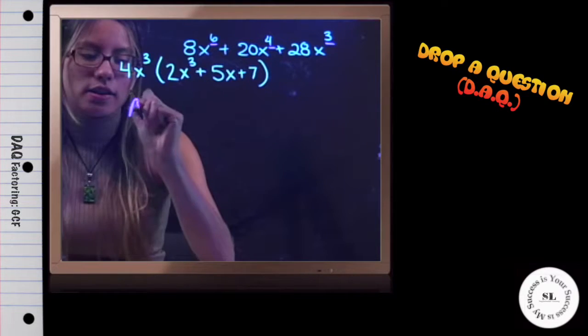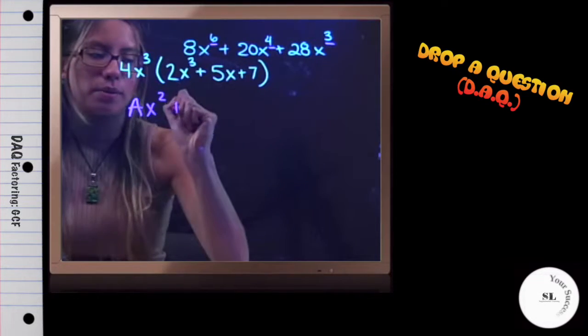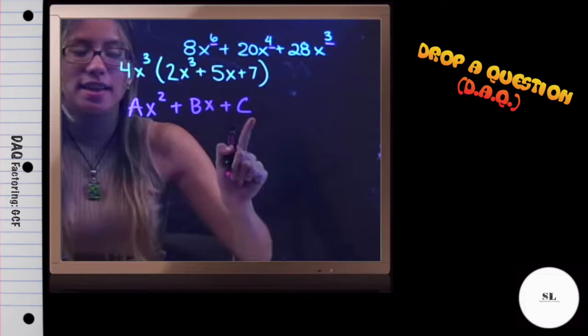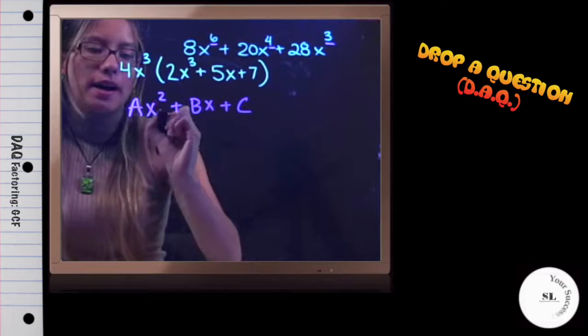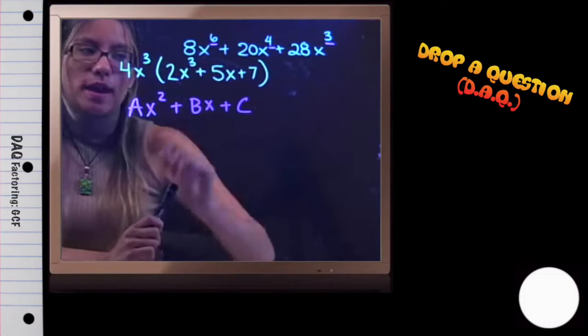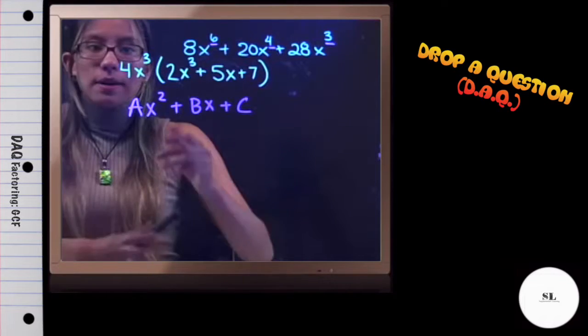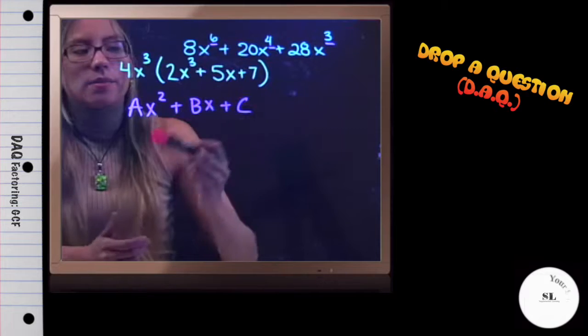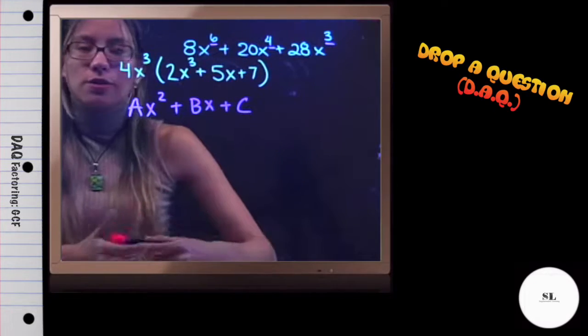Remember, quadratics are in the form ax squared plus bx plus c, where a, b, and c are numbers, and your highest exponent is squared. In this case, we have a cubed. So we're done. We actually have the GCF here correctly, and inside the parentheses, there's nothing more we can do to further break it down.